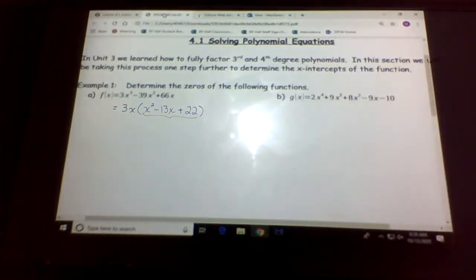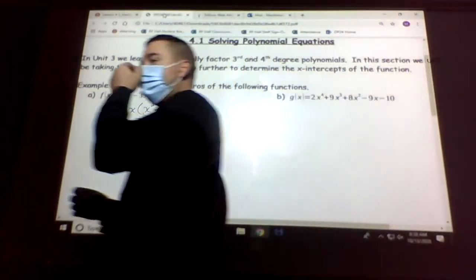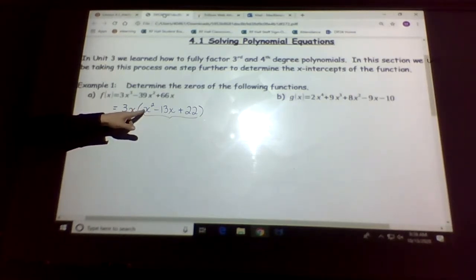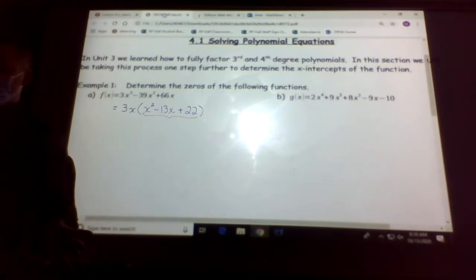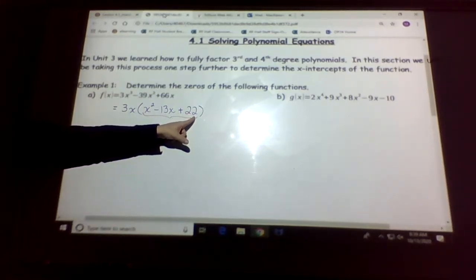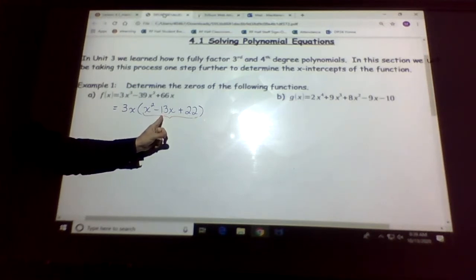What's the difference between simple and complex? Kaylin? Complex has a coefficient on the x squared. Yeah. So on the x squared there'd be a number in front. This one does not, so it's simple. So all we have to do now is find 2 numbers that multiply to 22 and add up to negative 13.